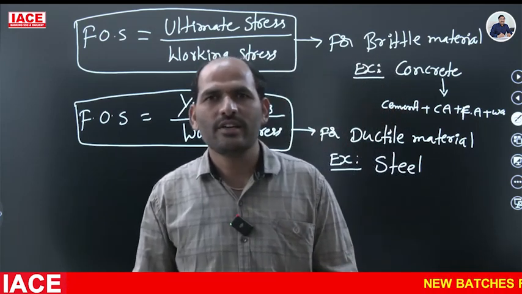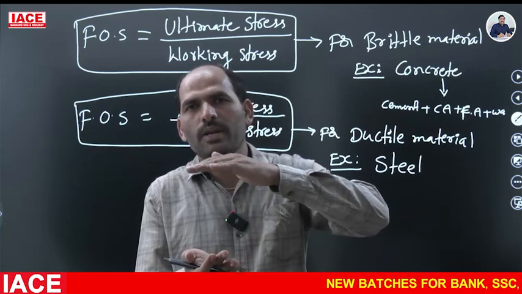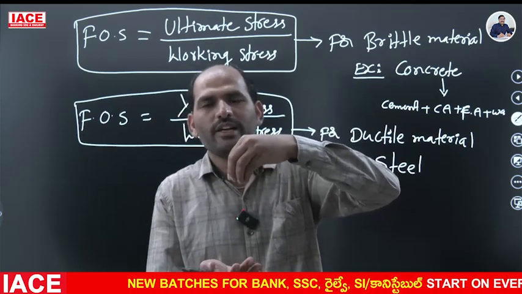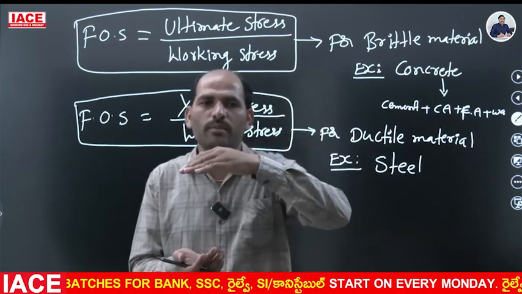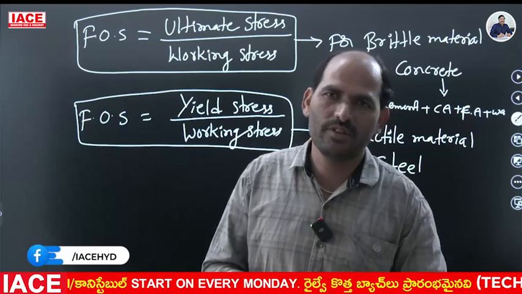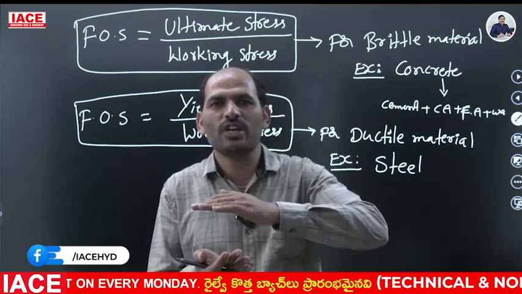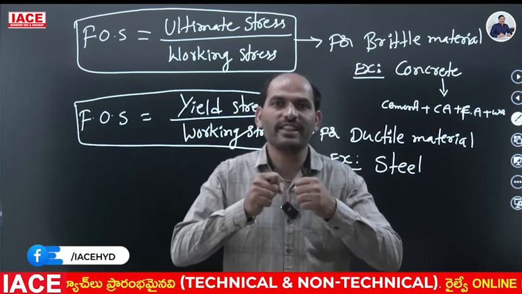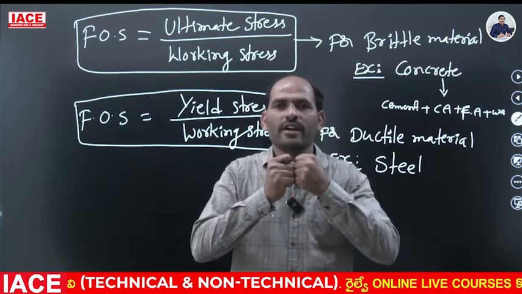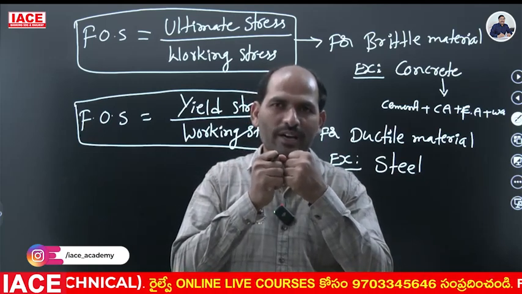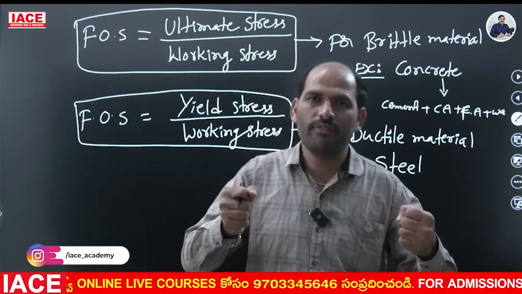Plain concrete cubes: if you apply the compression load using the UTM, universal testing machine, or simply compression machine, it will take some compression loads. But if you apply the tension load on the brittle material, for example a concrete member, it fails suddenly.